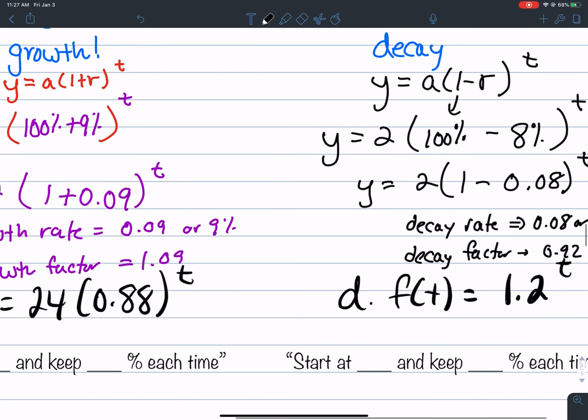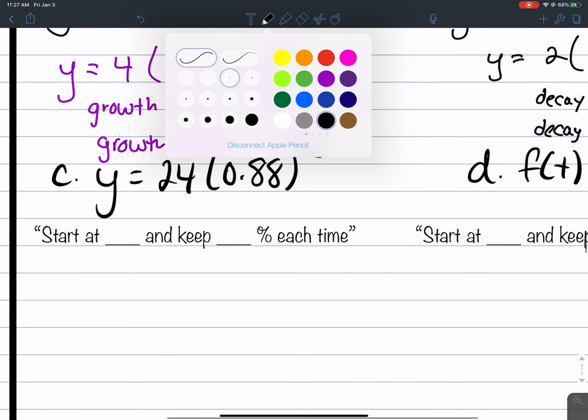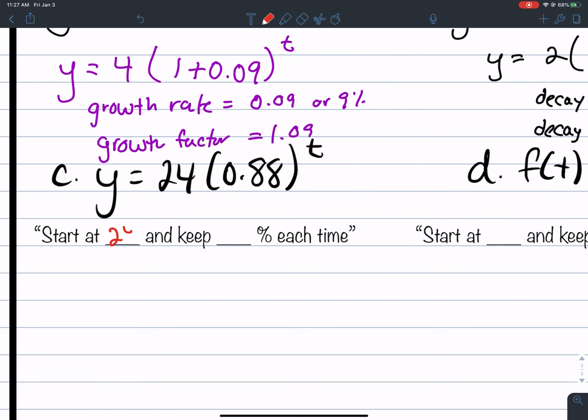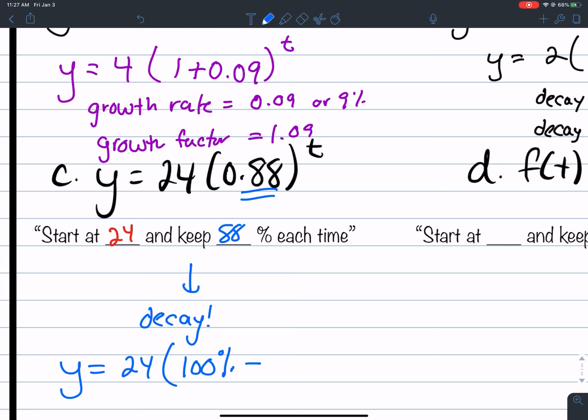We'll try this one here. Looks like I'm starting at 24, and I'm keeping 88% each time. If I started with 100 and I'm only keeping 88%, I must be decaying. So I know it's y equals 24. If I started with 100%, what percent did I take away to only keep 88?